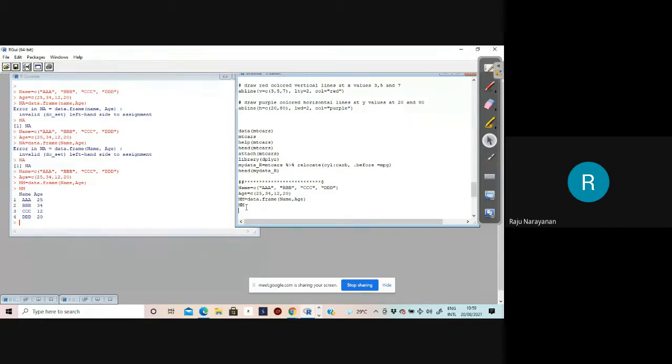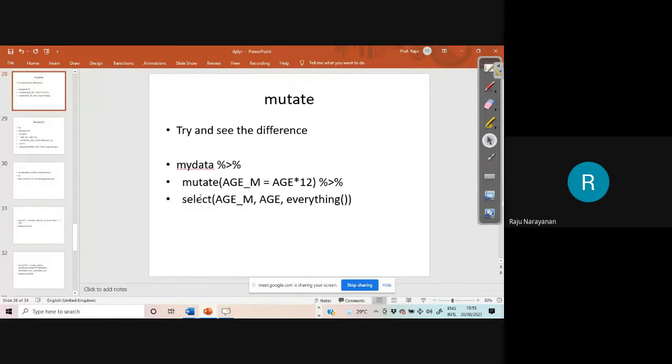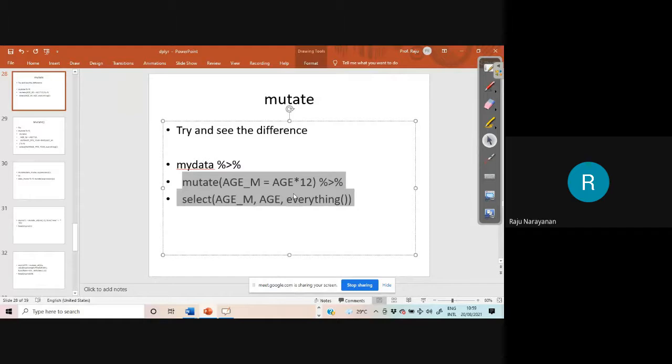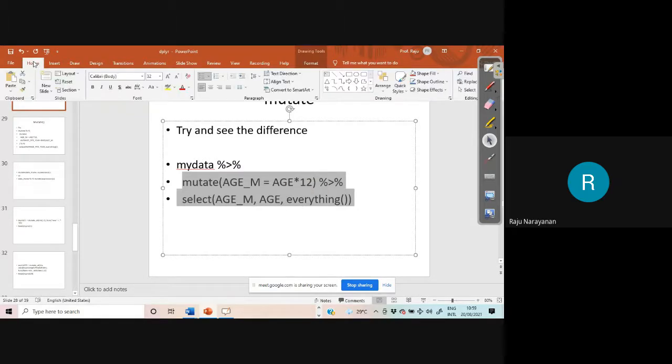Age is given in years. Now I want to make it into months. Therefore, I have to multiply age by 12. You can do that in different ways, but I want to use the mutate function.